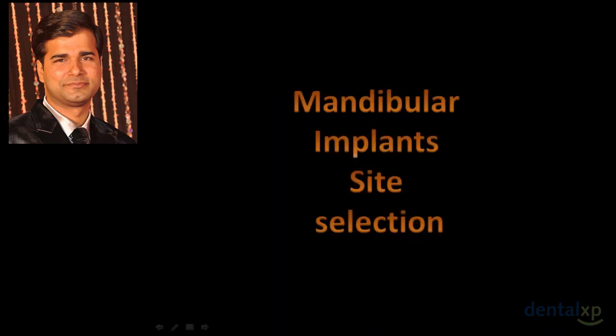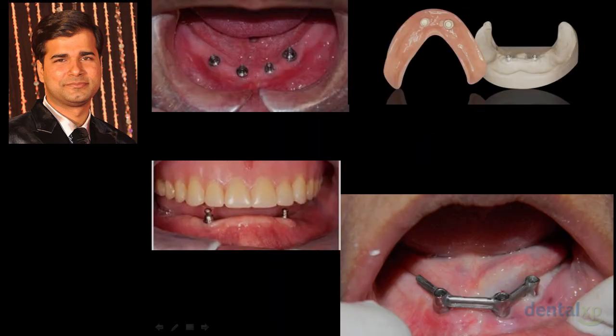Coming to the mandibular implant site selection. The greatest height of the available bone is located in the anterior mandible, between the mental foramina or the anterior loops of the mandibular canal when present. This region usually presents the optimal density of the bone for implant support.